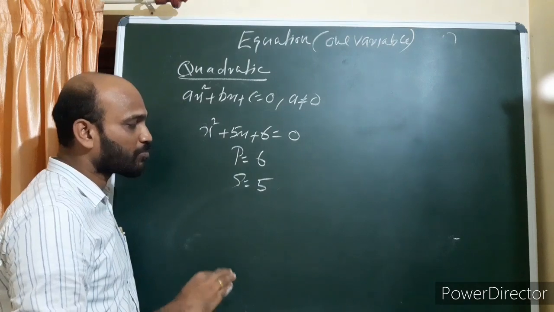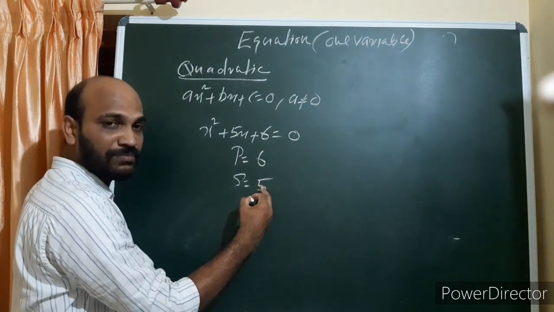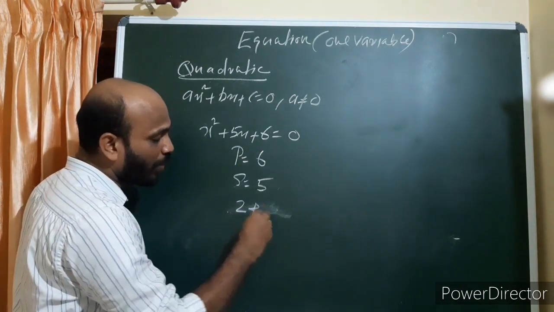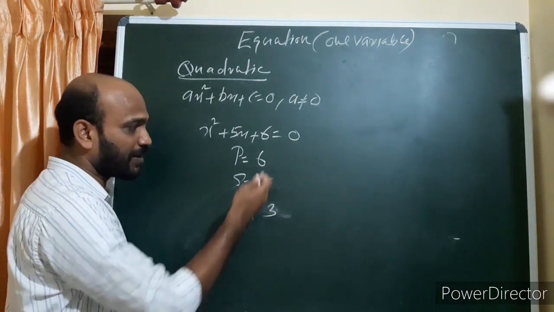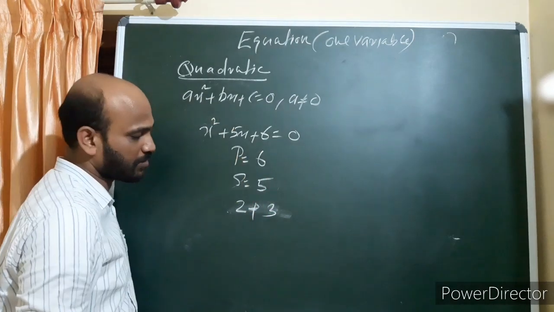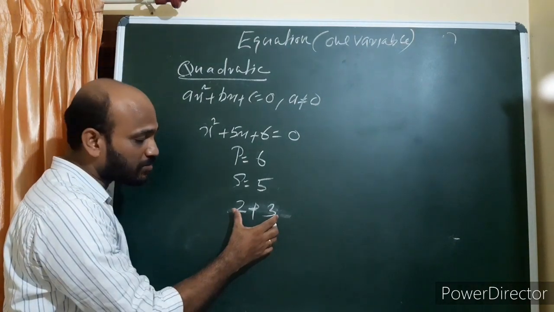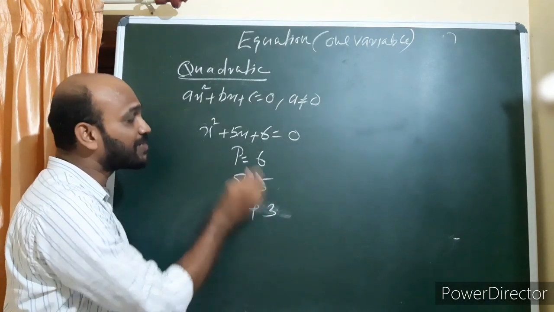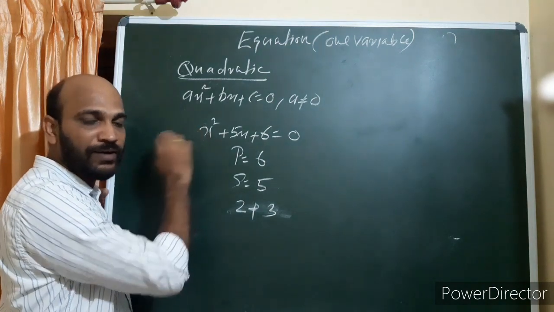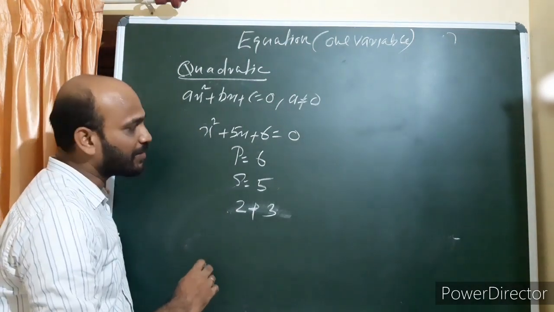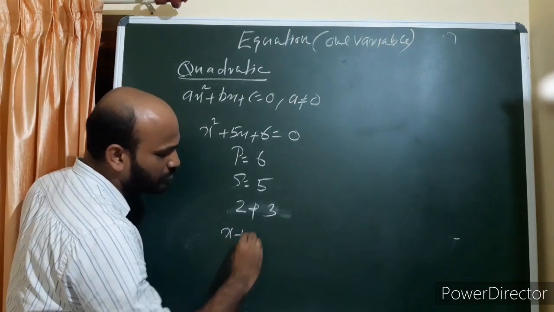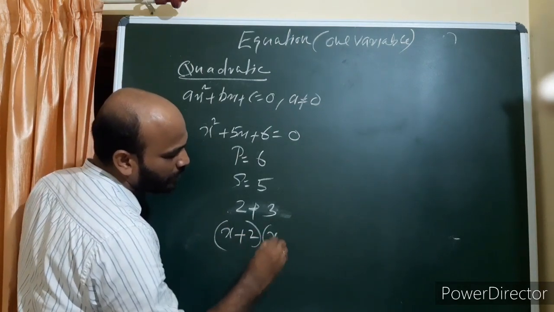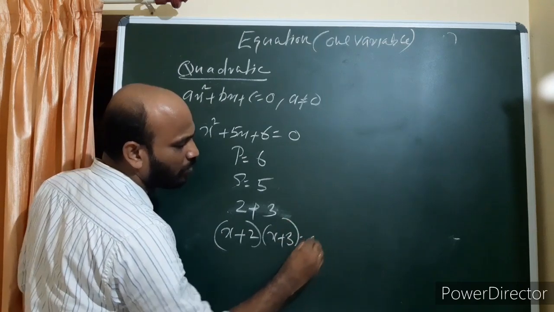What are the two numbers? Product equal to 6, sum equal to 5. The two numbers are 2 and 3. This is plus 2 and plus 3 because the product is positive and the sum is positive. So the two roots are 2 and 3. Since the coefficient of x square is 1, we can write the factors directly. This one we can write as x plus 2 into x plus 3 equal to 0.